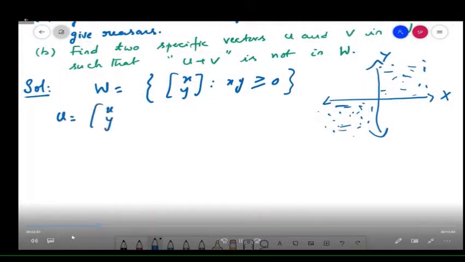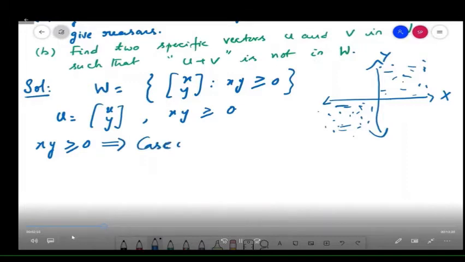u is a vector (x, y) such that the product xy is greater than or equal to 0. This implies we have different cases. Case 1 is x is equal to 0; then the product xy is greater than or equal to 0.